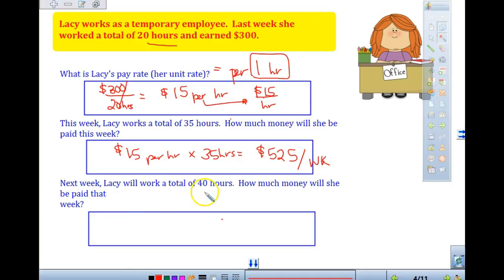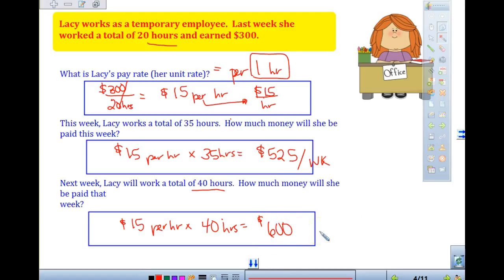It says next week she had a total of 40 hours, so now she's working more hours. So this time we are going to take our $15 per hour, and we're taking it times, this time, our 40 hours. So if we are looking at that week, she is making, yes, you can use one of those calculators, $600.